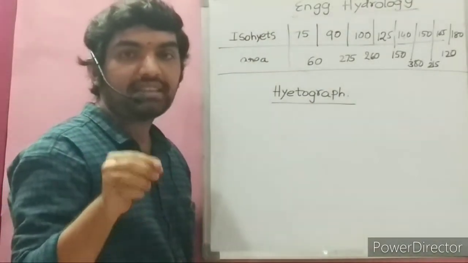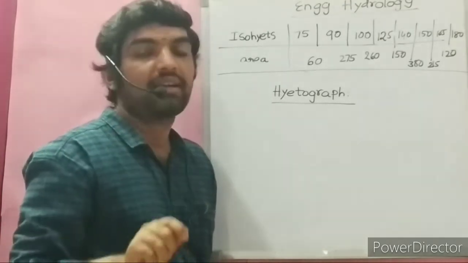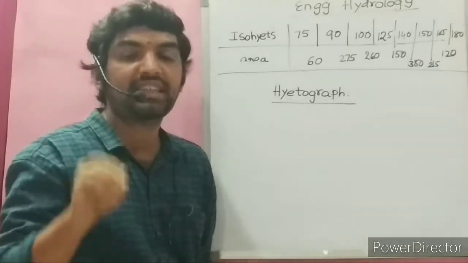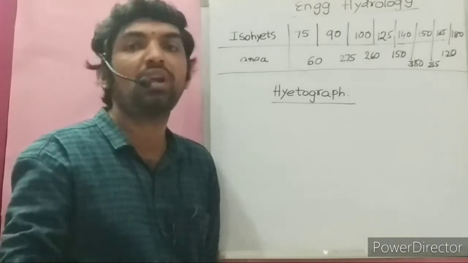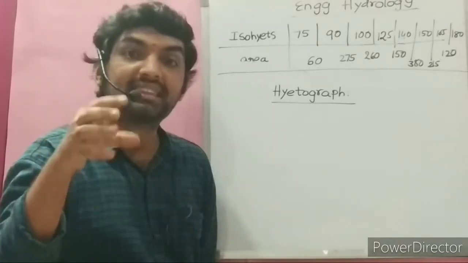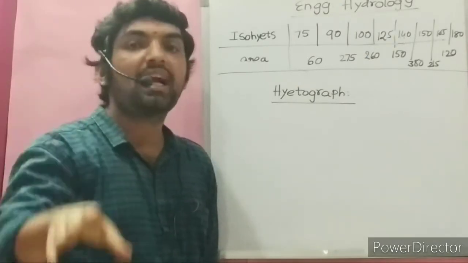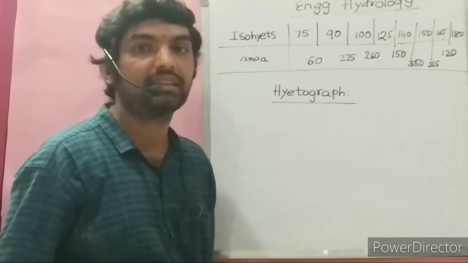Point rainfall means rainfall measured by using a rain gauge at a particular station. It is also known as station rainfall. It measures the rainfall at a particular station only. But to convert this station rainfall into areal rainfall, we use the concept of the depth area duration curve. Later we will discuss that concept.